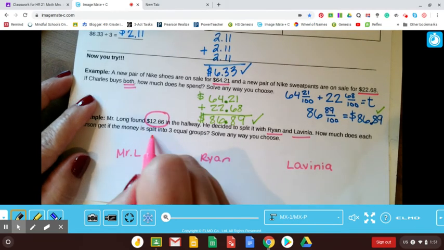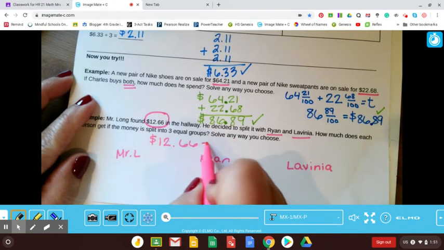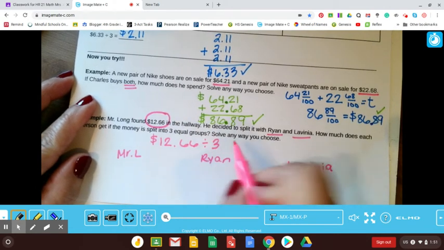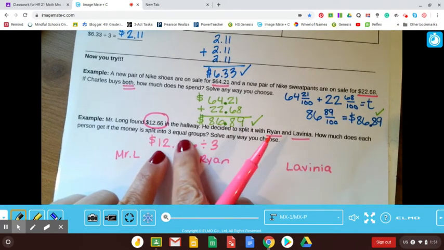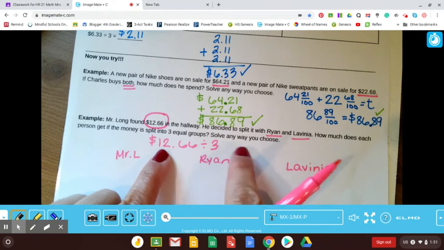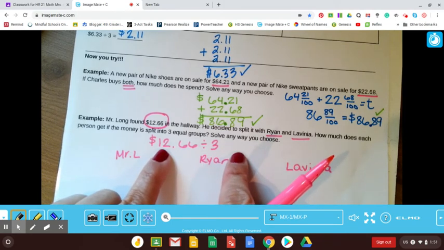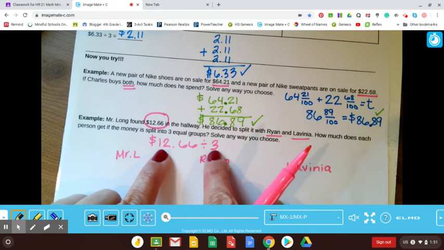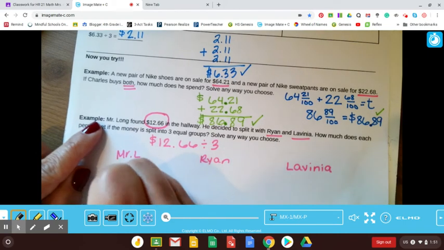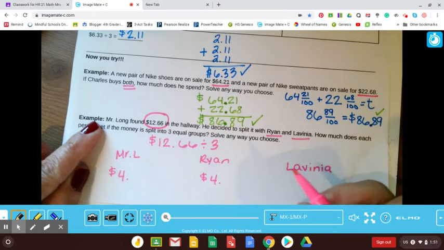If I have $12.66 and I'm dividing it by 3, well, if we forget about the 66 cents for a second, we know that 3 times 4 equals 12, right? So 12 divided by 3 would be 4. So technically, I could give them each $4.